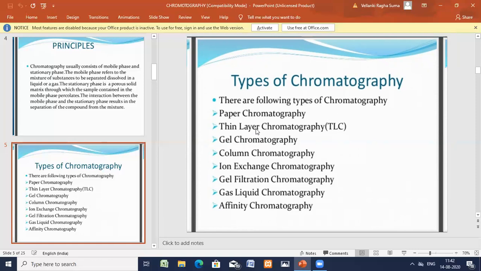The differences in the physical and chemical properties of the components determine their relative affinity for the stationary phase, and they move through the system at different rates. The least retarded component moves faster and will be eluted first. The most retarded moves slowest.